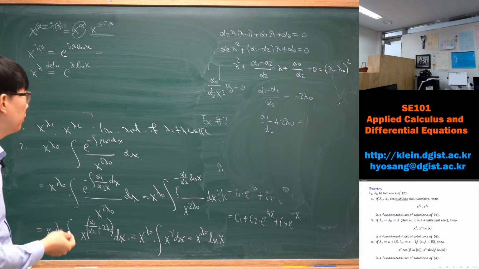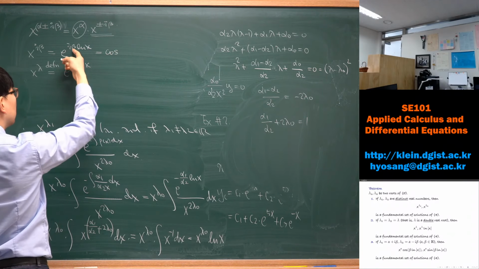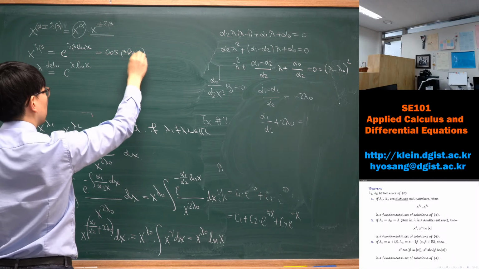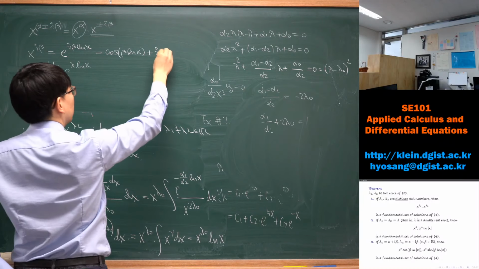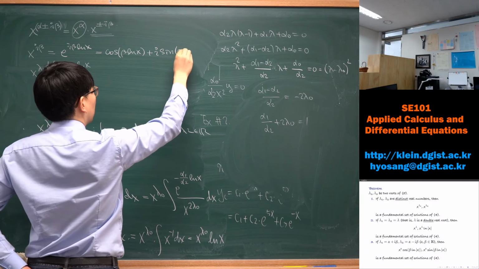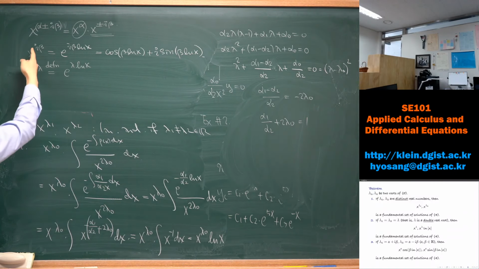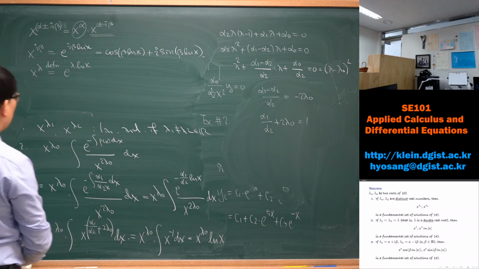Now we have Euler formula, which is, this becomes cosine, so the imaginary part, beta ln x, is inside. And here we have I sine beta log x. If I have a plus minus sign, I have a plus minus sign here.